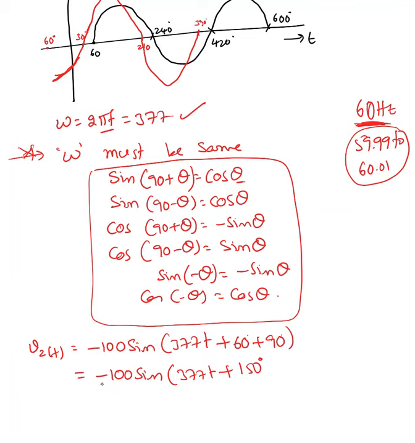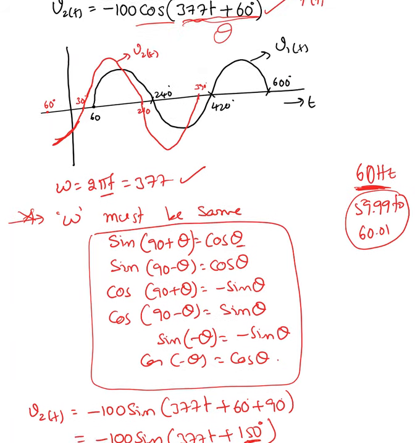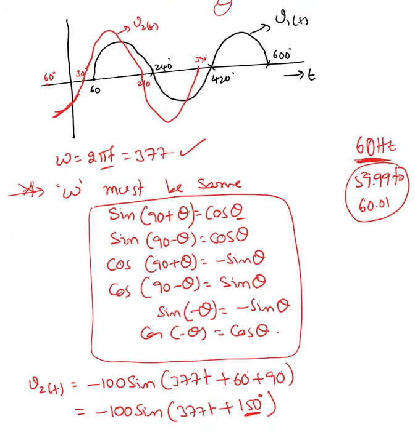Now I can do one more thing: I can get rid of this negative term. I don't need to, but I want to, because 150 is a big number and I want a small number. If I wanted a small number, I should have taken this as minus theta, but that's okay. I'm going to change this negative into positive. Say, for example, minus 100 sine of 377t is somewhere here.